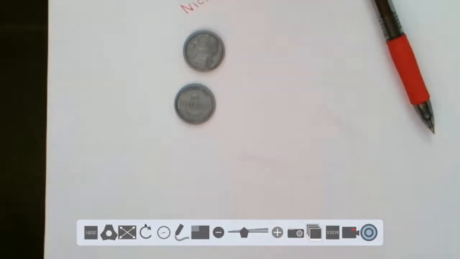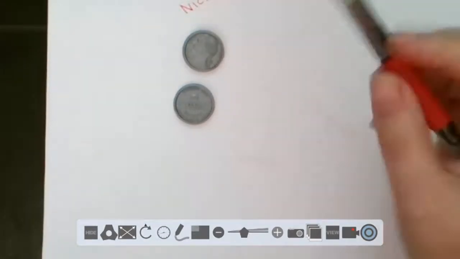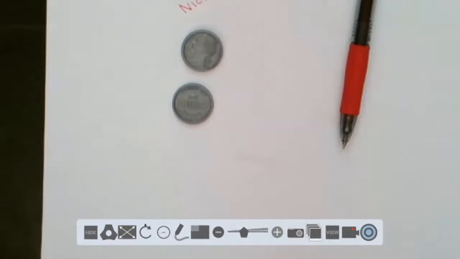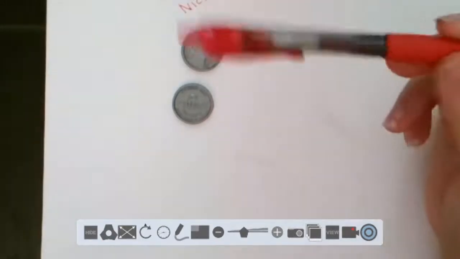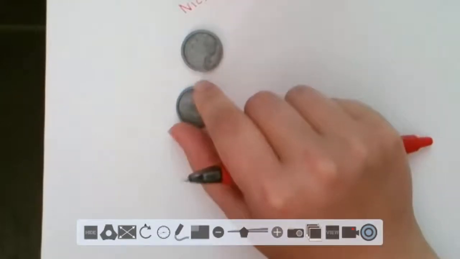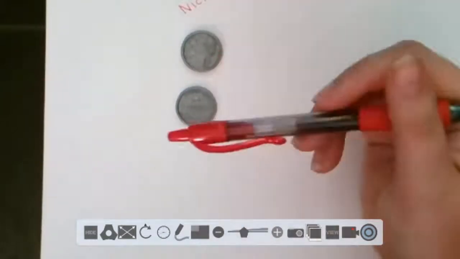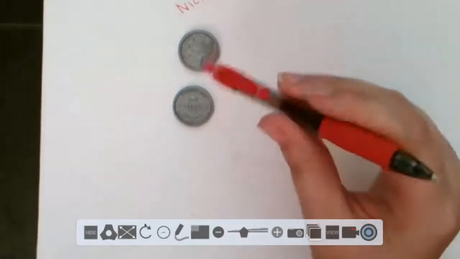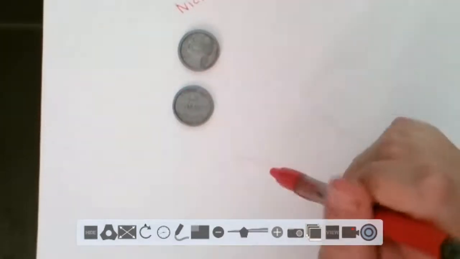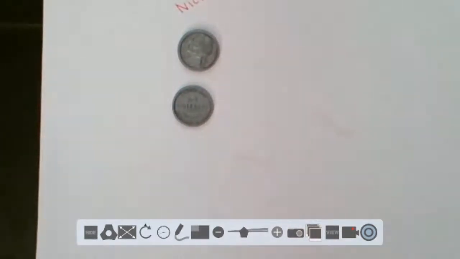Just like Abraham Lincoln was one of our United States presidents, on our nickel is Thomas Jefferson, another one of our presidents. And on the back of the nickel is actually Thomas Jefferson's home. So it's a home that he built himself, and it's called Monticello. So both things have to do with President Thomas Jefferson.